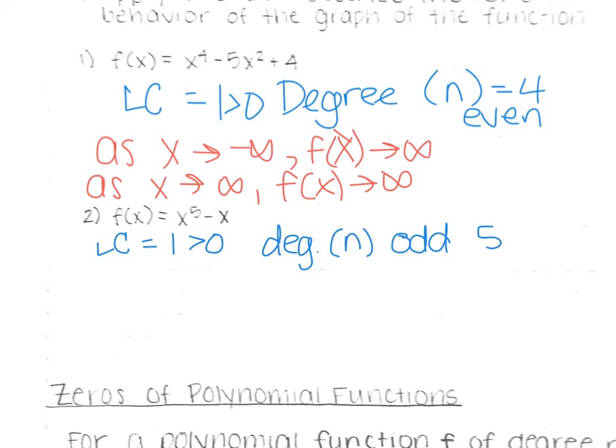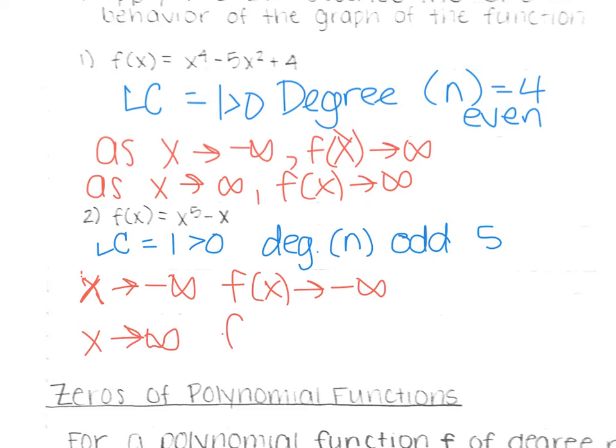And when our leading coefficient is positive, the direction of our end behavior matches the direction that we're going in x. So as x approaches negative infinity, f of x is also approaching negative infinity. And as x approaches positive infinity, f of x is also approaching positive infinity. So we can describe our graph now in this type of manner as well.